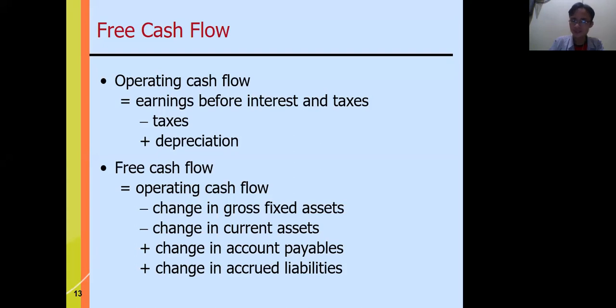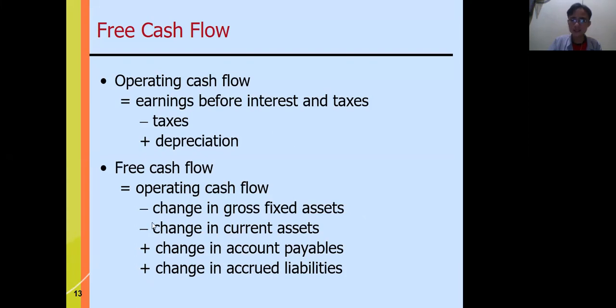And then moving forward, there's also another formula. FCF or free cash flow is another concept, as said, and this is our formula to get it. Operating cash flow minus changes in gross fixed assets. So we talk about our acquisitions of the fixed assets and their respective balances. So we talk about comparative years and we get the change of the two, let's say 2021 versus 2020, and then minus change in current assets, plus change in accounts payable and change in accrued liabilities.